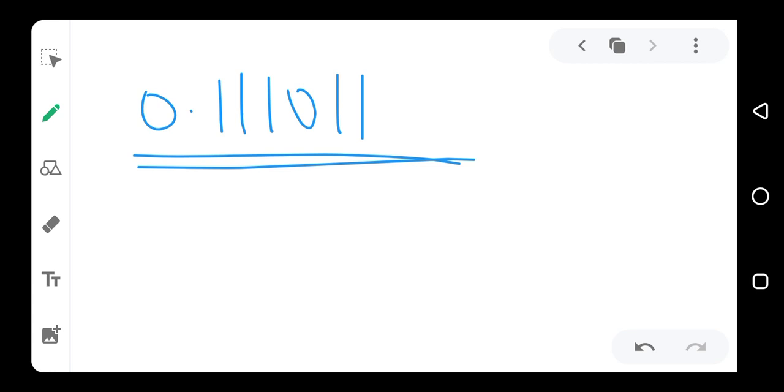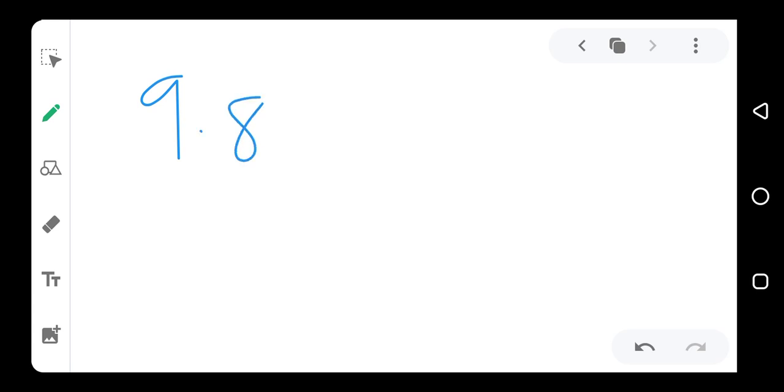Now, assuming we have a number like this example, assuming we have 9.875, and we want to convert it to base 2.